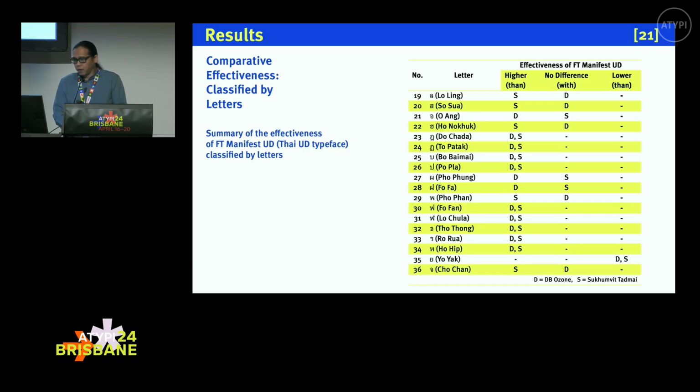Surprisingly, one letter, number 35, indicates that DB Ozone and Sukhumvit Tadmai have effectiveness higher than FT Manifest UD.